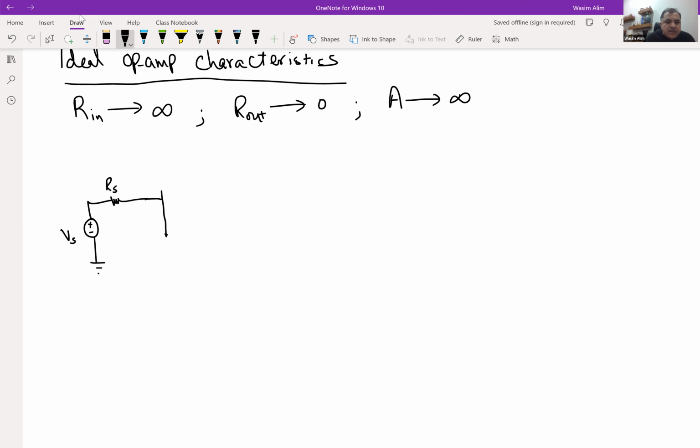And since the inverting terminal is connected, we sort of flip it, but the rest is pretty much the same. So the positive terminal is then connected to the ground.